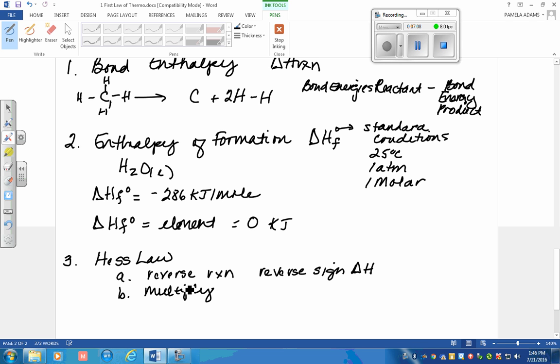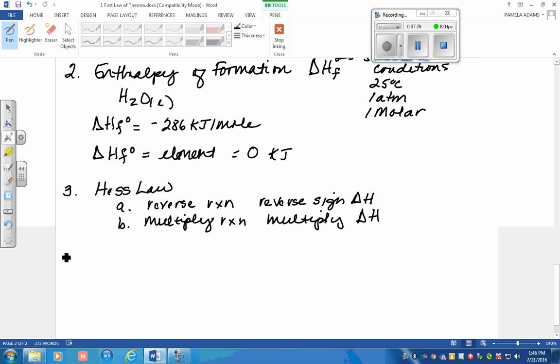And remember, you can multiply by a decimal if you need to reduce the coefficients of the target reaction. And if you multiply the reaction, you must also multiply delta H before adding up the elementary reactions to find the enthalpy change of the target reaction.